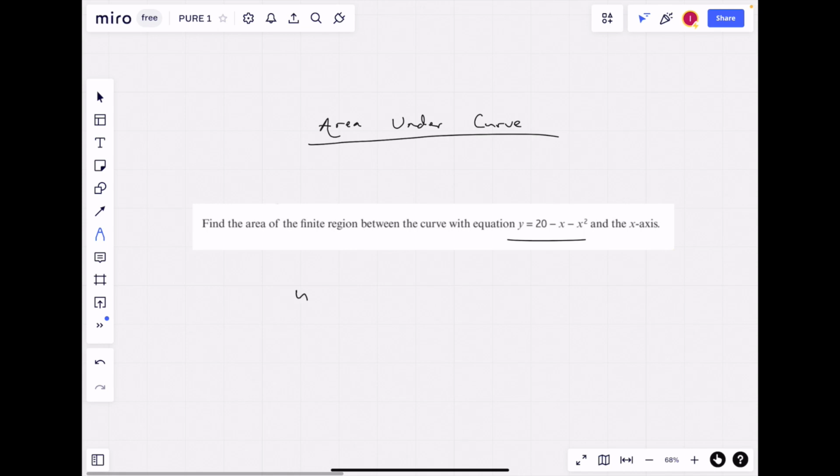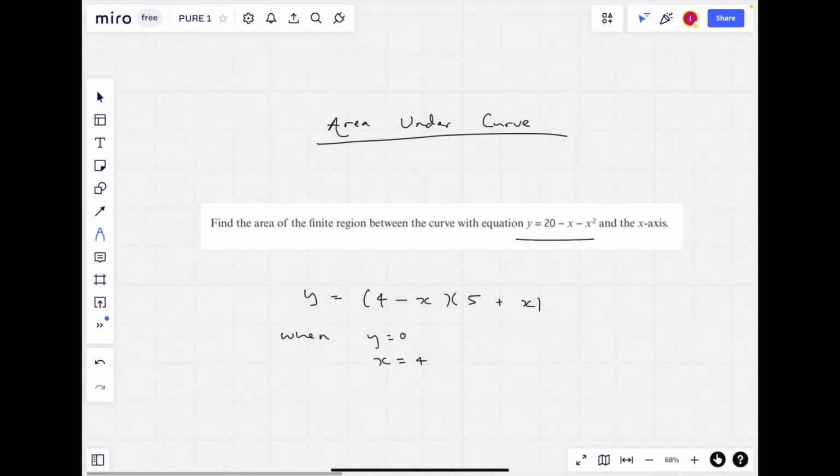So you should have got 4 minus x and 5 plus x. Okay, so when y equals 0, x equals 4 and x equals minus 5.